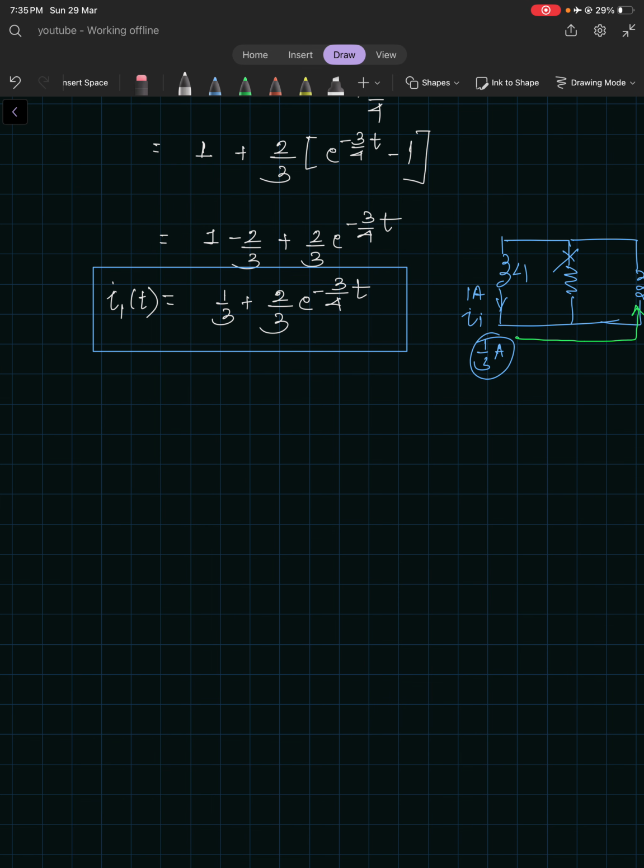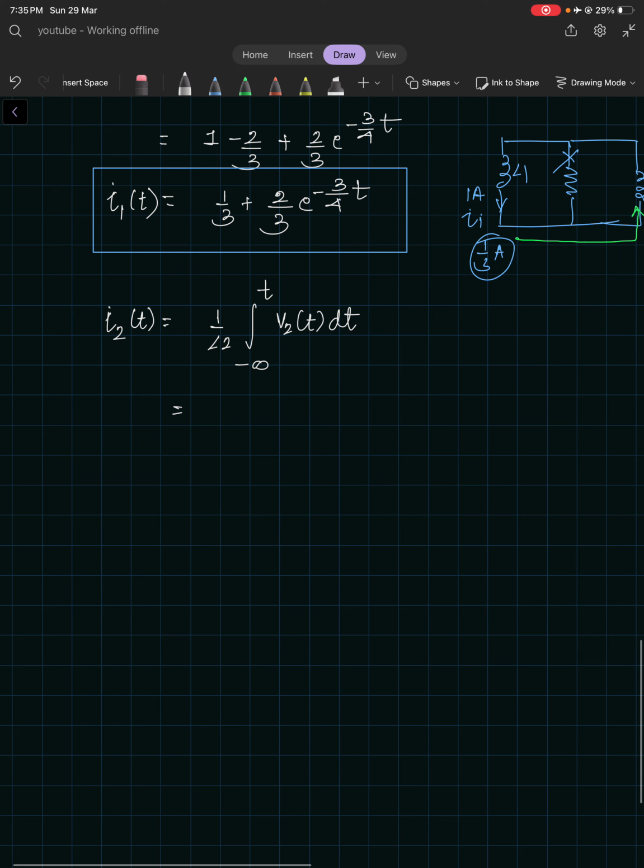Okay, so for I2 of t, it is 1 by L2 times the integral from minus infinity to t of V2 of t dt, right? L2 is 1 by 2.